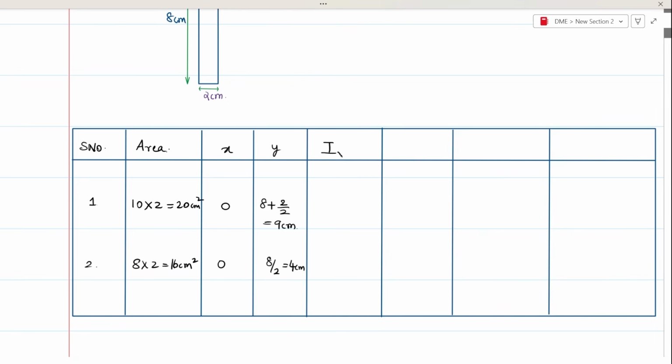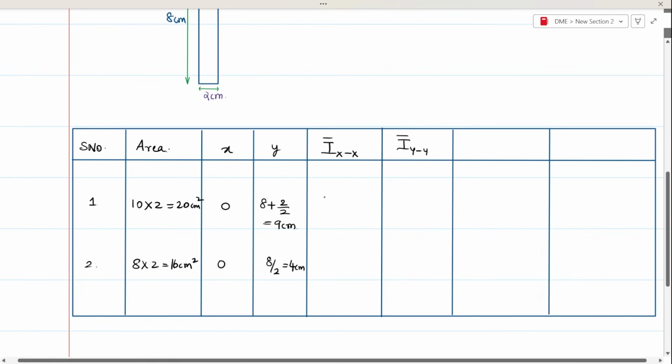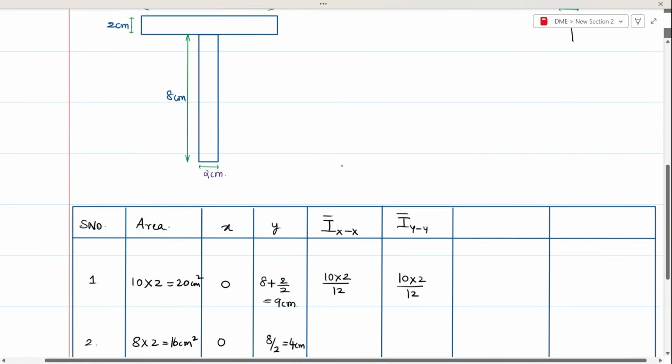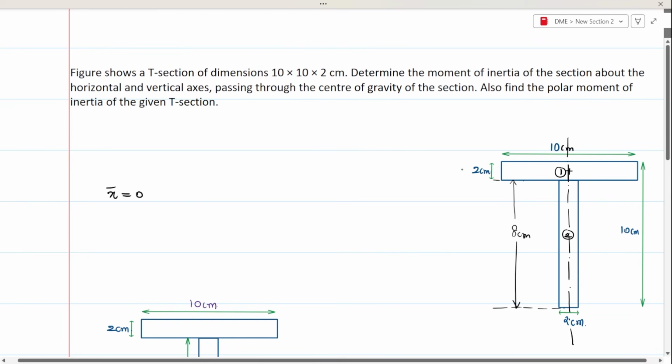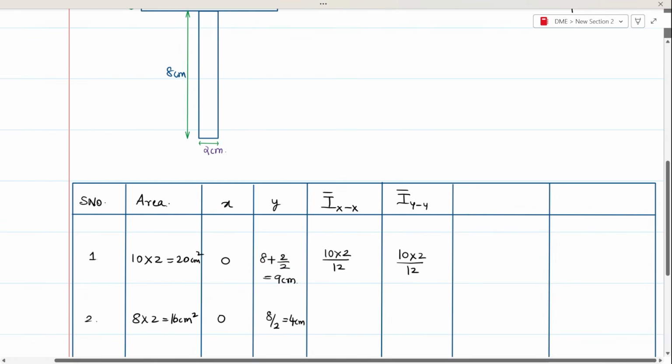Now, computation of the centroidal moment of inertia for the x direction as well as for the y direction. The dimensions of area 1 are 10 into 2, so write it as 10 into 2 divided by 12. The dimension perpendicular to the centroidal x-axis for area 1 should be raised to the power 3, so it becomes 2 cube.